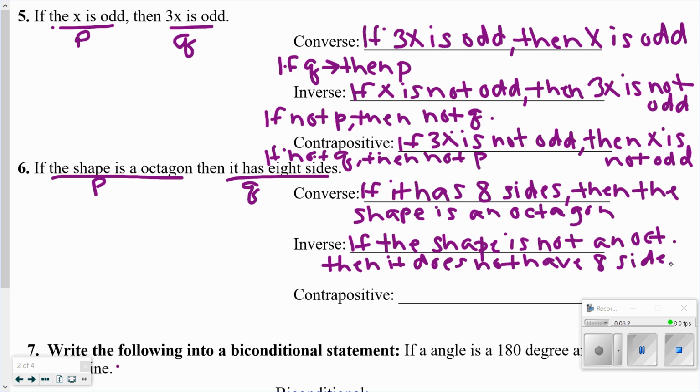They're going to be just drop-down boxes or multiple choice, just like your in-class assignment was. So the contrapositive then is taking the inverse and flipping those sentences around.